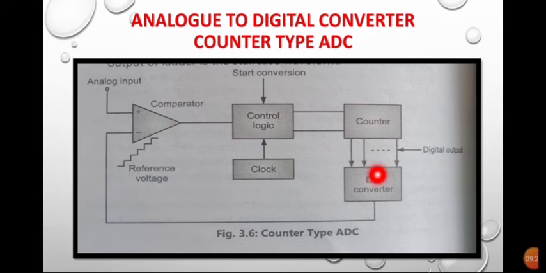Then the analog form of this is applied to this comparator. Suppose the analog input is less than this one. After the whole conversion is completed, then 0 is generated here, and that is applied to the counter, and again the counter converts that analog signal into digital output. So in this way, analog signal input can be converted into the digital output.